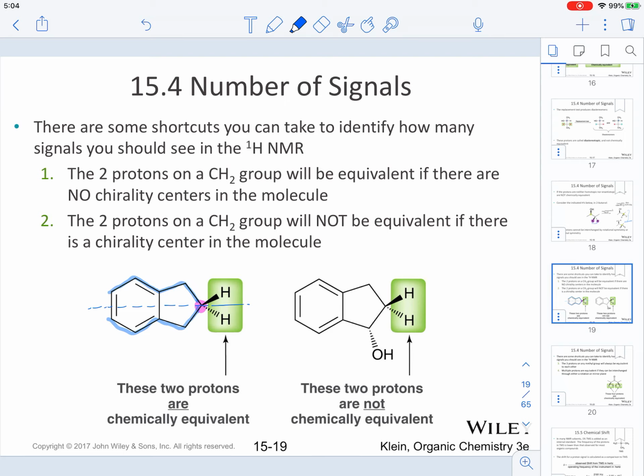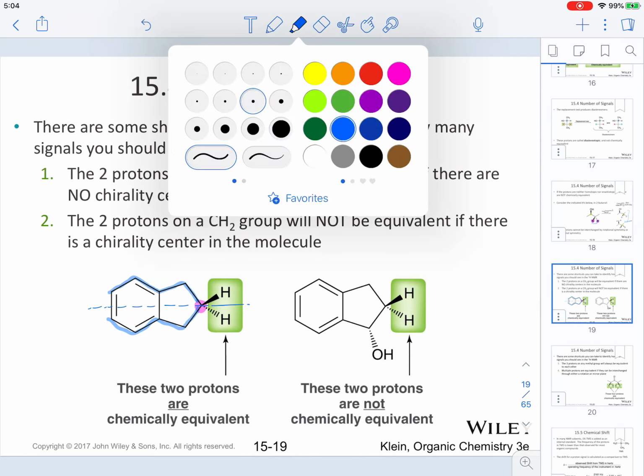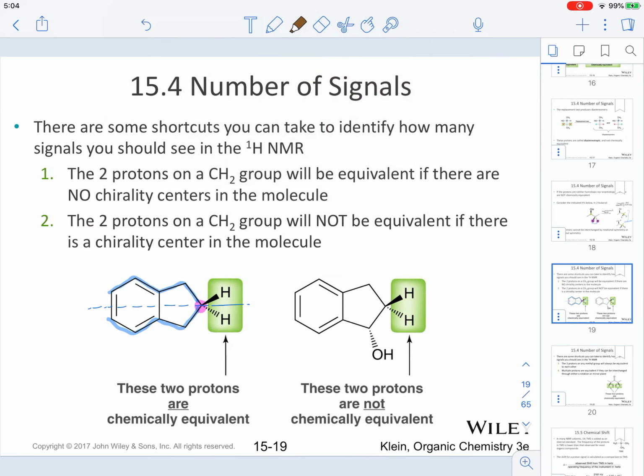Now, let's say that in this molecule we have the introduction of a chiral center. And as you can see, I'm going to highlight this chiral center right here in a grayish brown color. So if you have a CH2 and there is already a chiral center within the molecule, understand that they are not going to be chemically equivalent, because that is going to result in having diastereotopic protons.